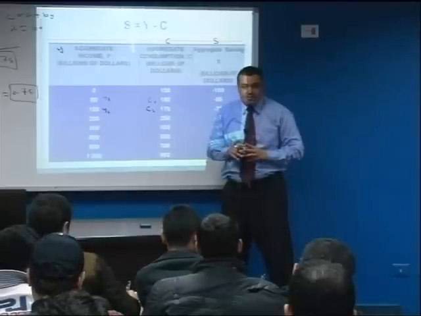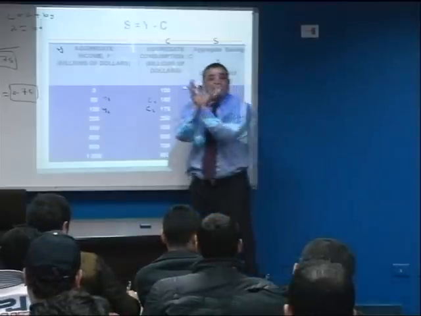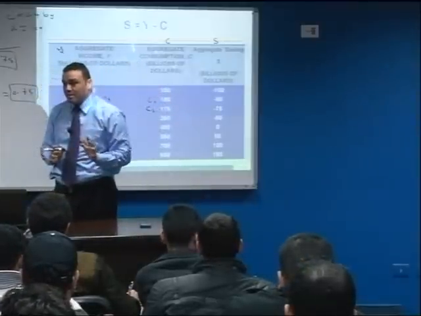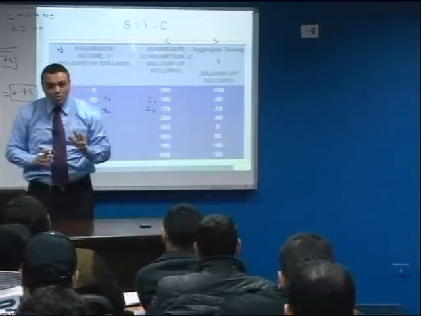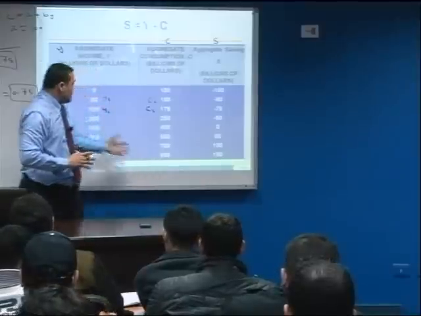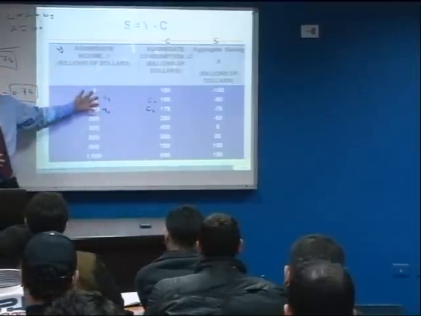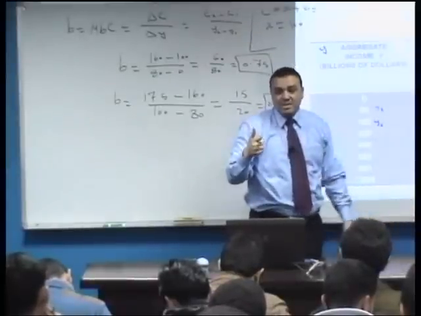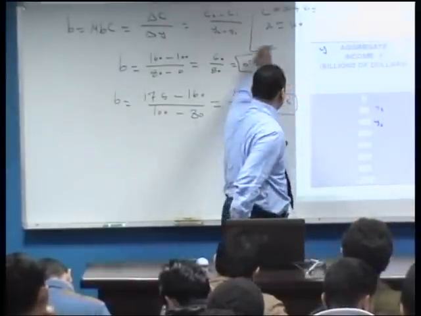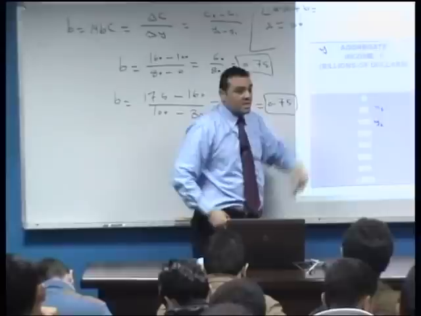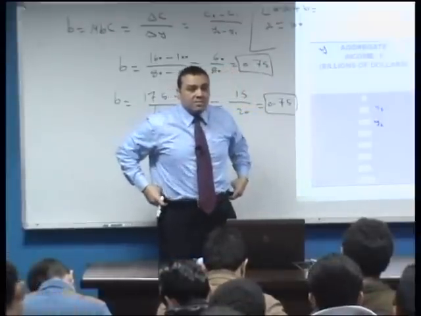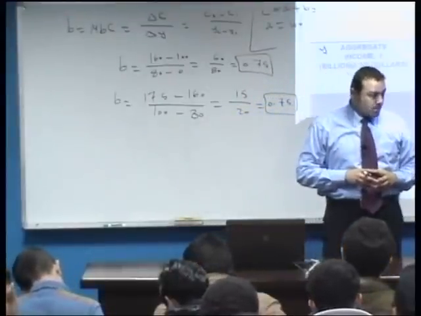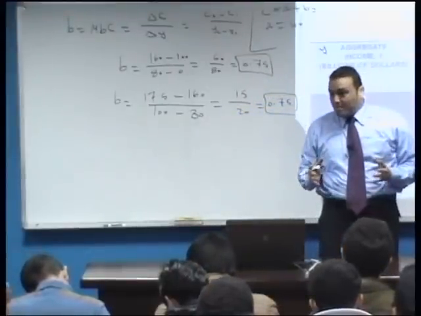So what is your propensity to consume? This is the idea, right? Is it clear or not? Okay. So if we apply it on all cases, we will derive that the MPC, or B in this formula, is constant, equal to 0.75 or 75%. Right? Is there a problem?